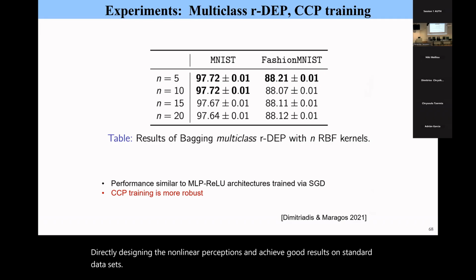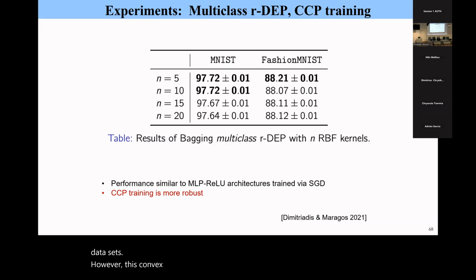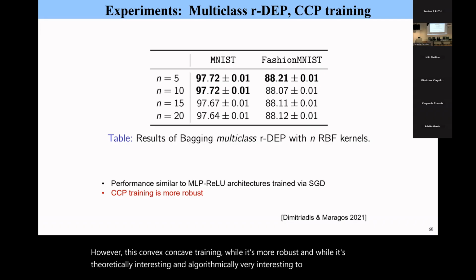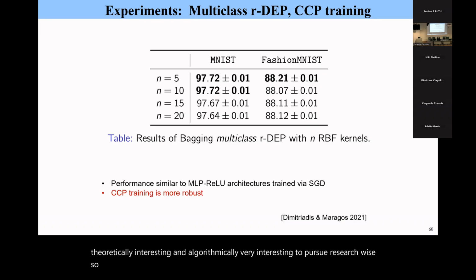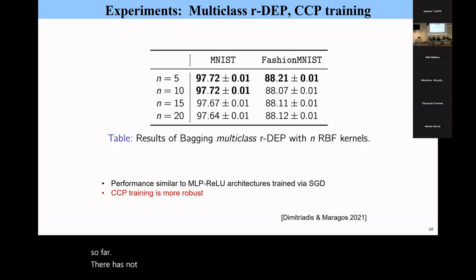However, this convex concave training, while it's more robust and theoretically and algorithmically very interesting to pursue research-wise, so far there has not been a way to generalize it to very large data sets. It uses actually CPUs, not GPUs.